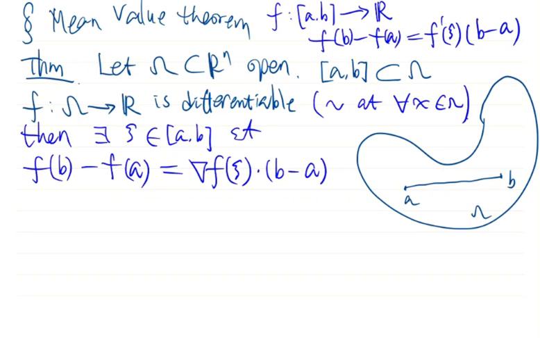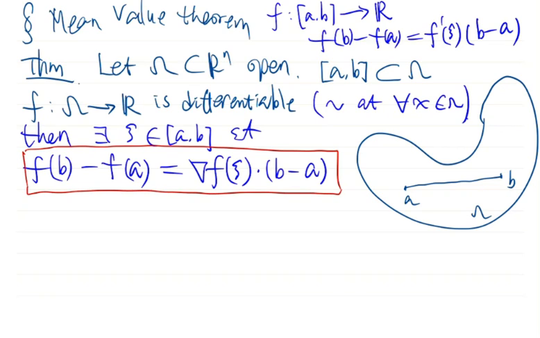So this is the result of the mean value theorem. This is a very elegant, compact form. And you can compare this formula with the corresponding result for single variable functions. They are very similar.